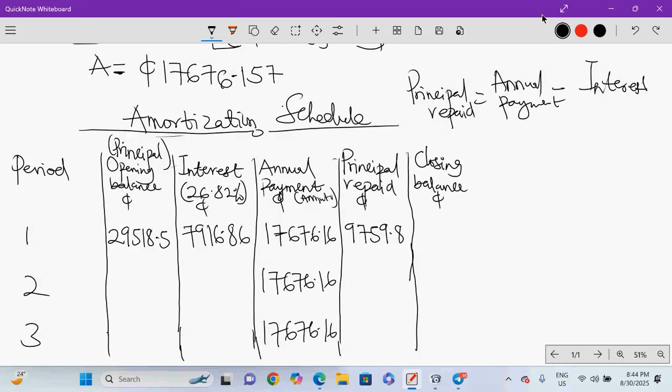19,759.2, 0.2. So how did you get the closing balance? Opening balance minus principal repaid.